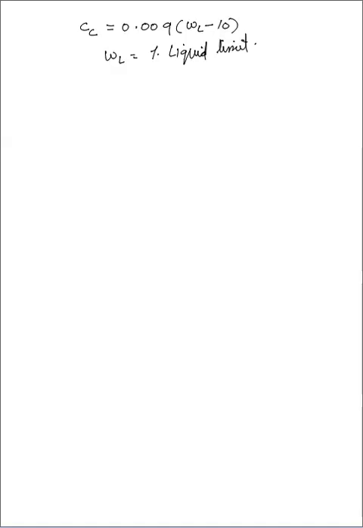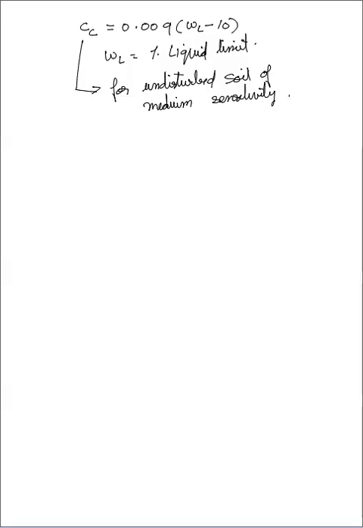This formula is applicable for undisturbed soil of medium sensitivity. Same way, another formula is 0.007 times (WL minus 7). It is for remolded soil of low sensitivity.